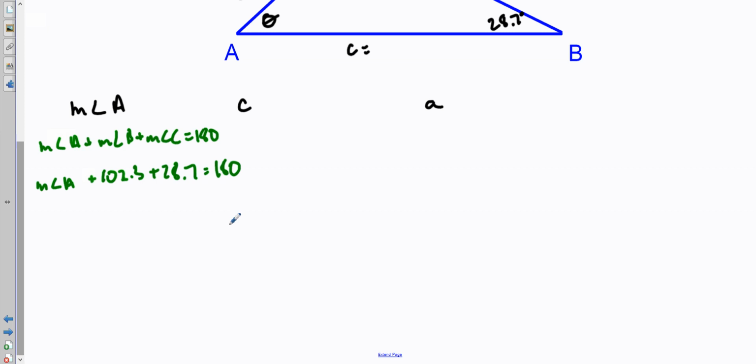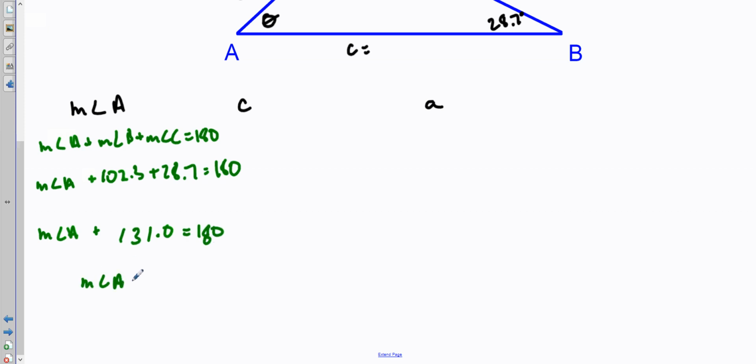We can add those two together: 131 degrees. And that plus A equals 180.